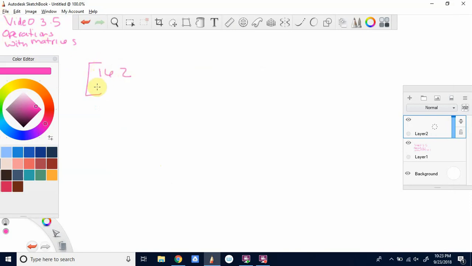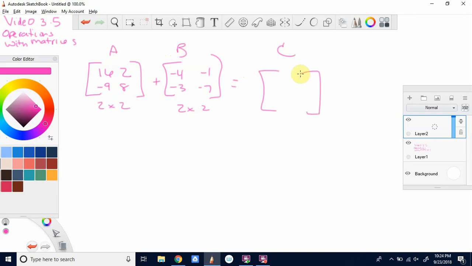We have 16, 2, negative 9, 8, plus negative 4, negative 1, negative 3, negative 7. First thing we want to ask: this is a 2 by 2, and this is a 2 by 2. Are they the exact same size? Yes, they are. So then we can add them, and the result is C, and it's going to be the exact same 2 by 2.